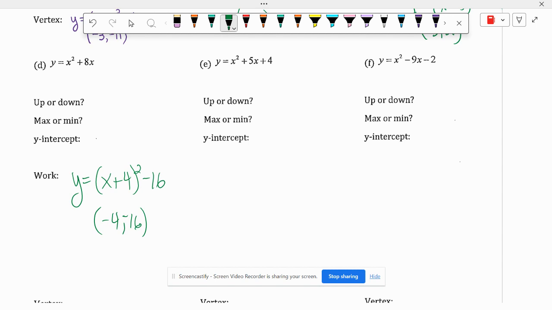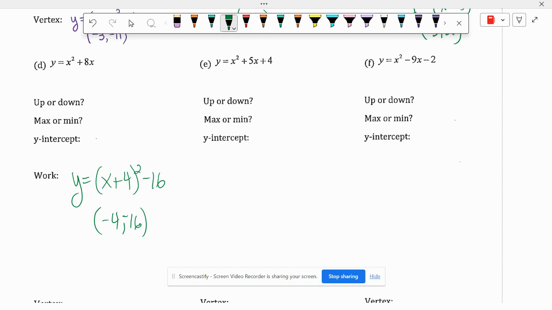That means you're adding a secret 25 to both sides. You don't see it here, but that's what you're doing. So what is negative 27 plus 25? Negative 2. So I'm going to have to add 2 to both sides. y equals (x minus 5) squared plus 2, which is what we ended up with.